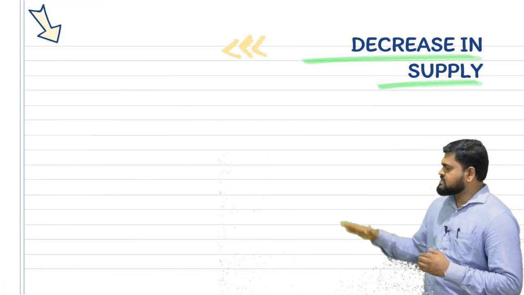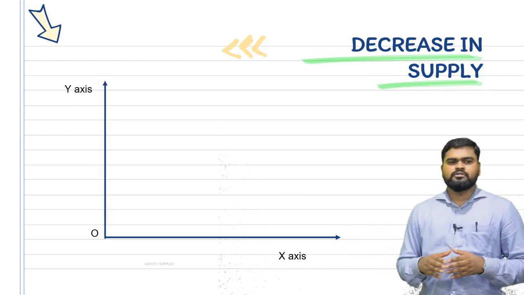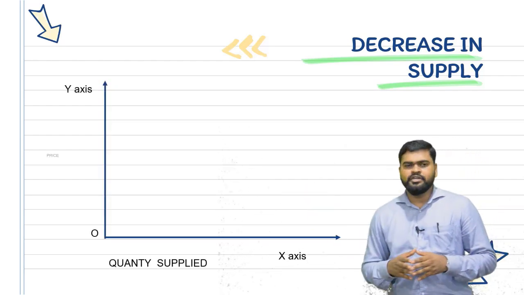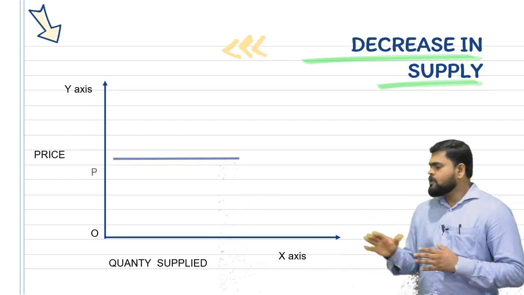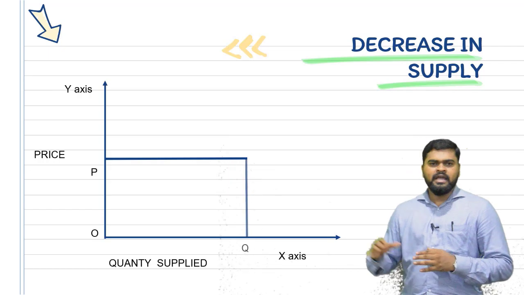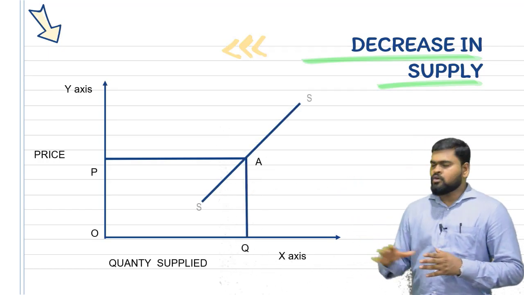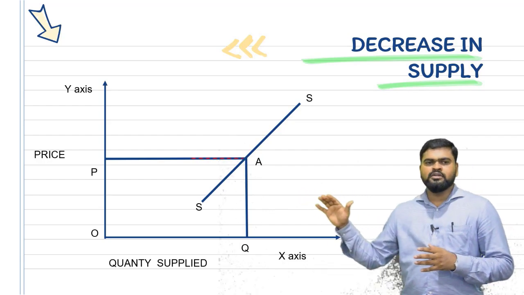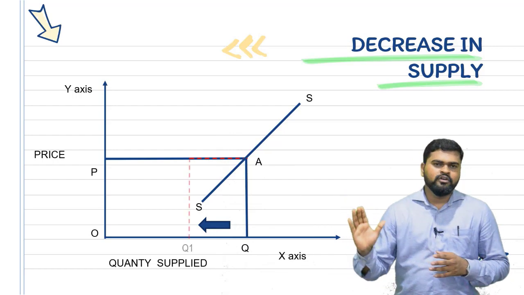Again we have x-axis, we have y-axis, we have 0. On x-axis we denote quantity supply, on y-axis we denote price. OP is the price. At price OP, OQ is the quantity supply at point A. SS is the supply curve. Price remaining constant, that is OP is constant, quantity supply decreases from OQ to OQ1.